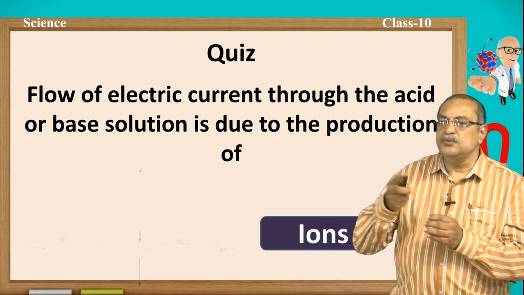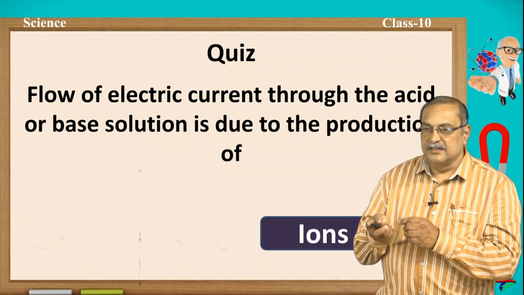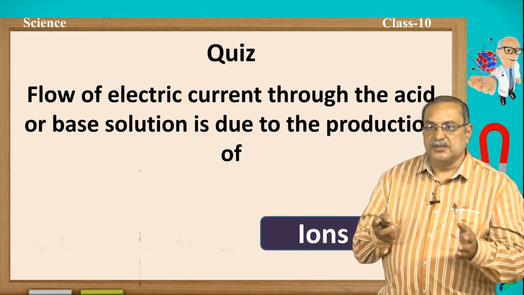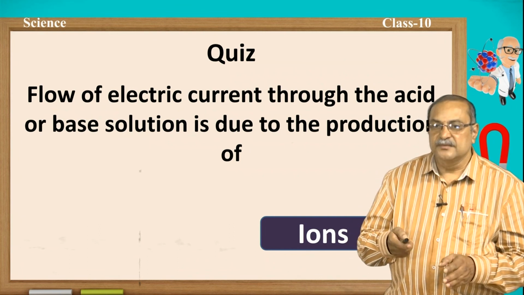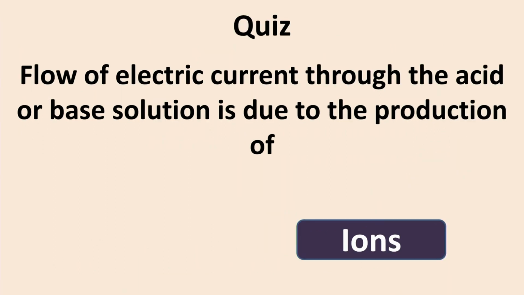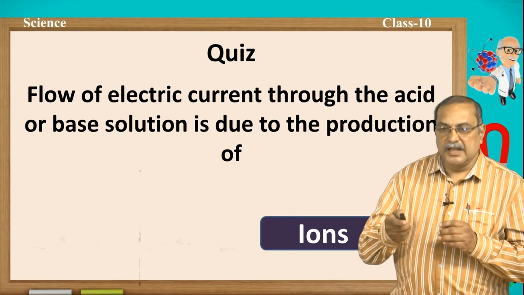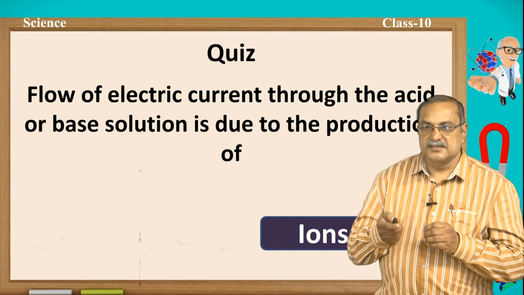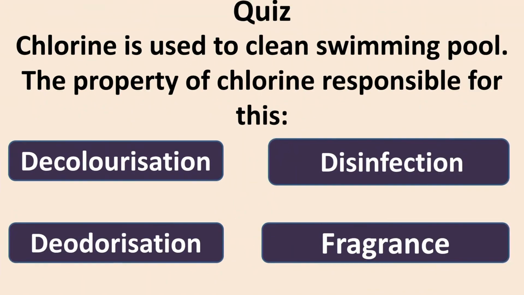Positive ions go to the negative pole, the cathode, and negative ions go to the positive pole, the anode. So, these are responsible for conducting electricity in acid or base, in alkaline solution.